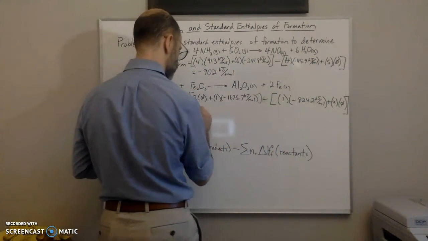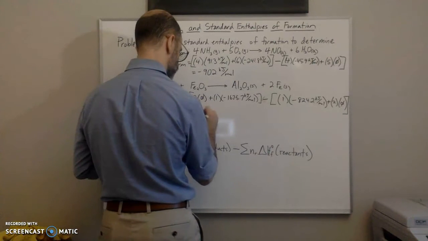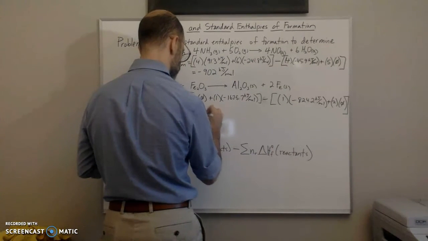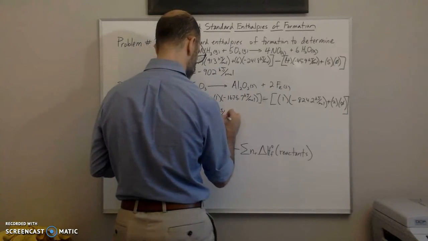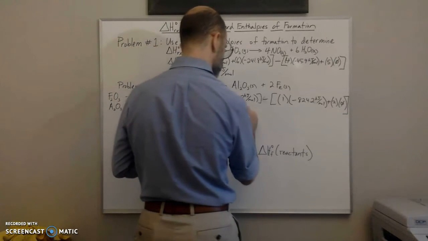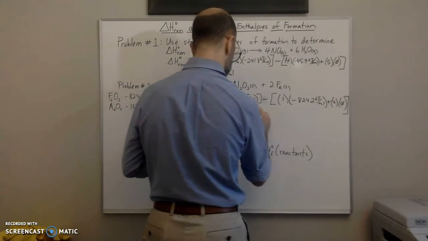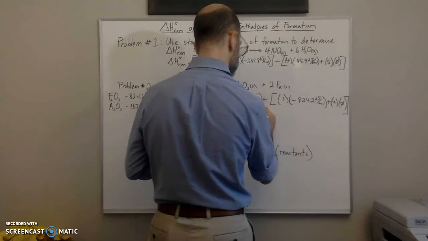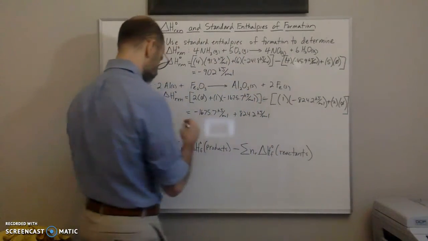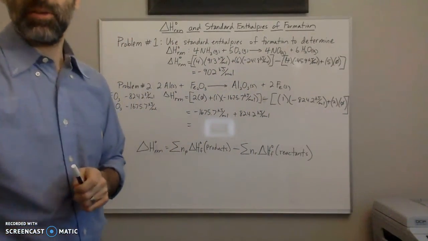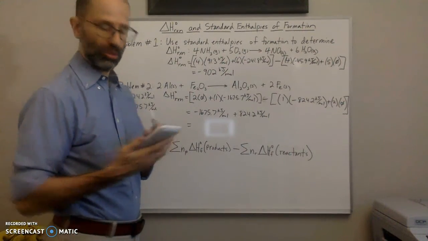So this will be negative 1675.7 kilojoules per mole plus 824.2 kilojoules per mole.